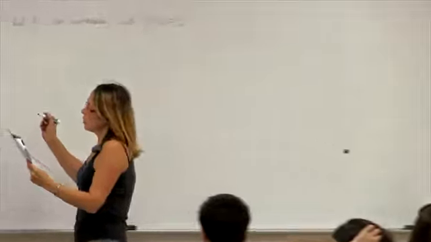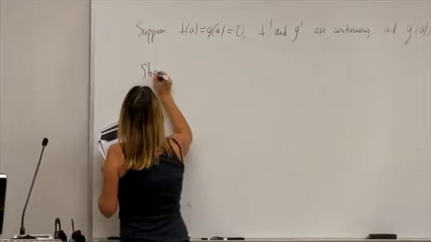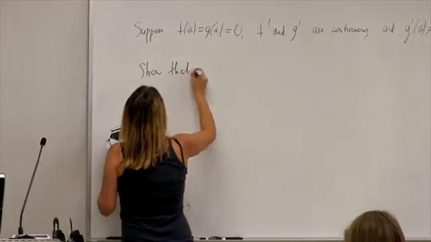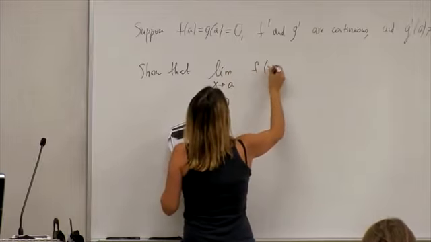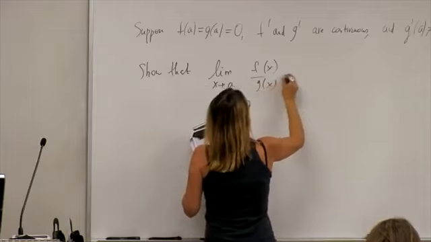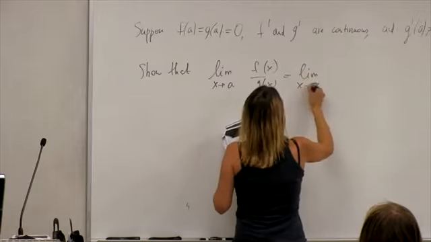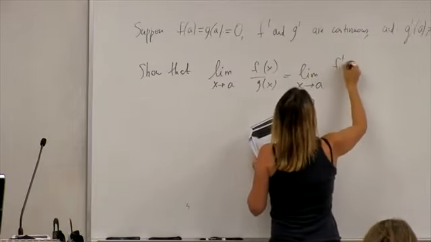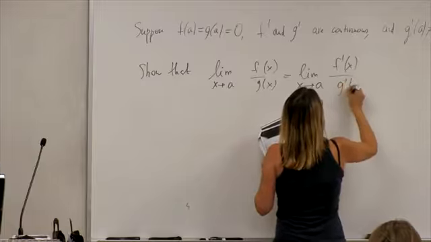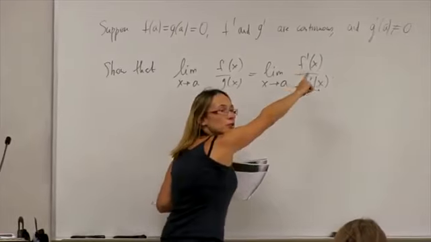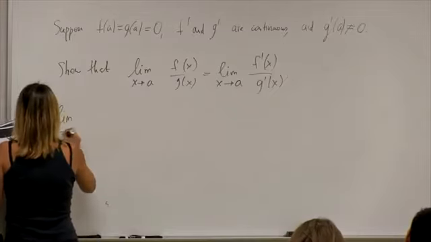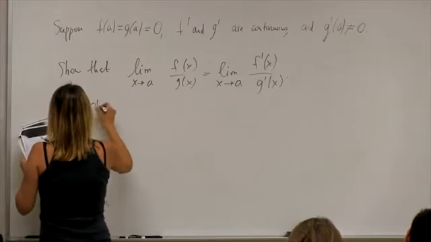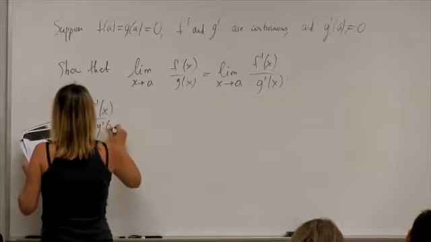Okay? So we want to show that the limit of f over g is equal to the limit of the derivatives. I'm going to start from the right and go to the left. So I'm going to write the limit as x goes to a of f prime over g prime.